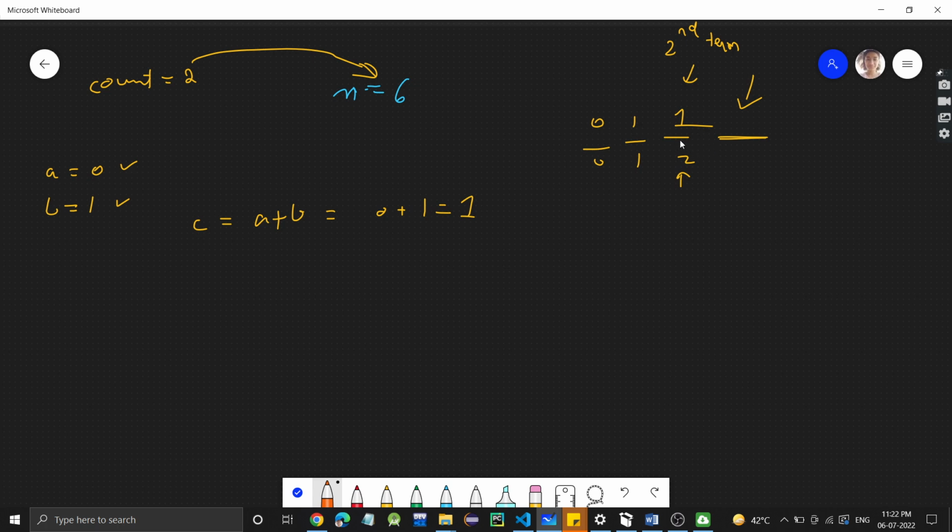So, 1 will be this one and 1 will be this. So, what is this? This is the current C which we calculated, right? So, this C will get updated in B. That is, we will assign the value of C to B, because this will be the previous term, right?